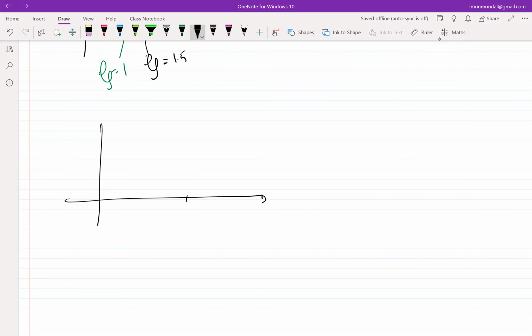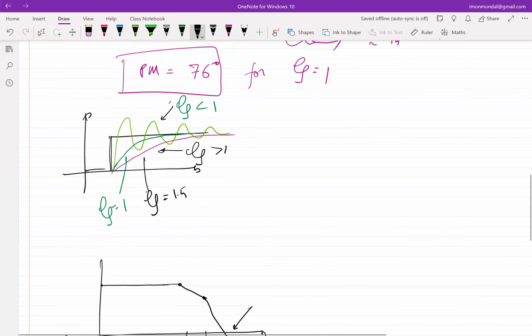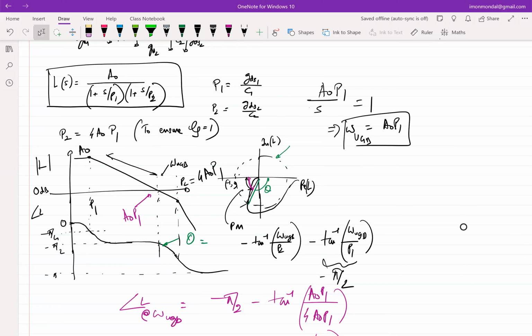So let's say I have P1 here and P2 here, and this was before pole splitting. It would have looked like this. So what do you think the phase margin here would have been? It will go bad.